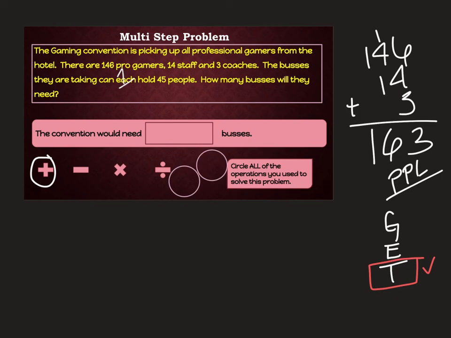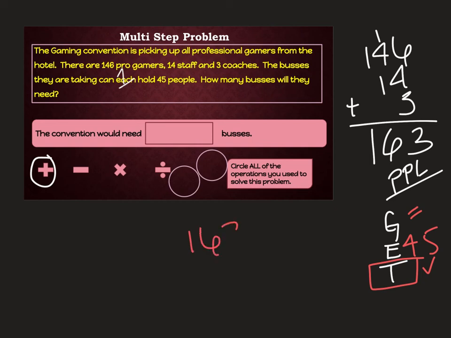Okay, I need to figure out how many buses they're going to take. Because it says how many buses will they need? Well, I have the total, which is 163, and I'm going to be dividing that by the number of people they can hold. So they each hold 45, and that's going to give me how many groups of buses I need. Okay, so we can set that up like a long division.